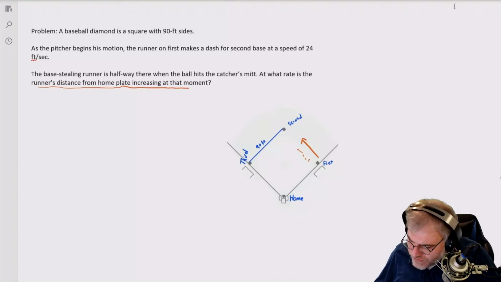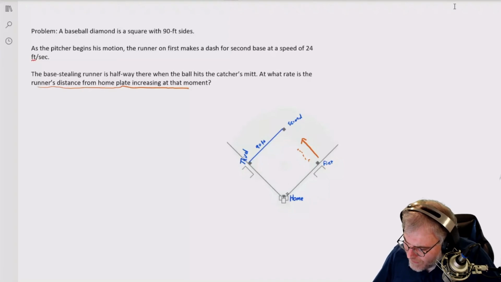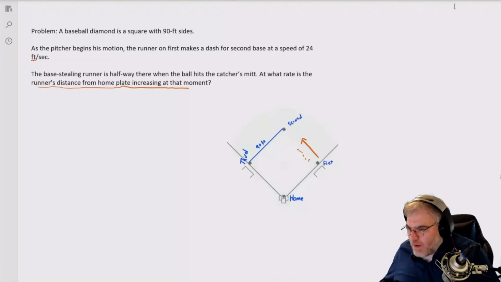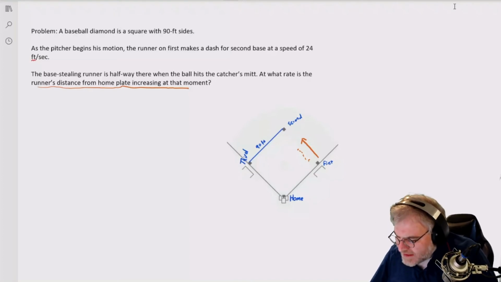Okay, so we know the rate at which the runner's distance from first base is increasing, but we don't know what this rate, what the change is here, because the throw to throw him out is going to come from home. So it's the relative velocity.